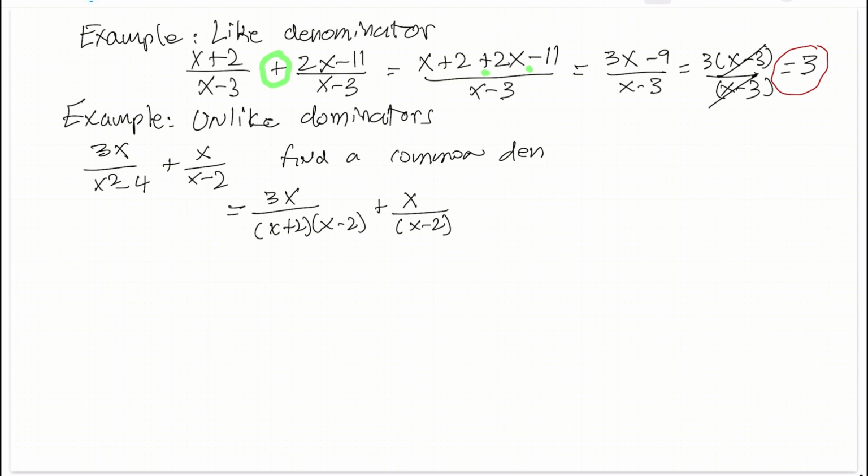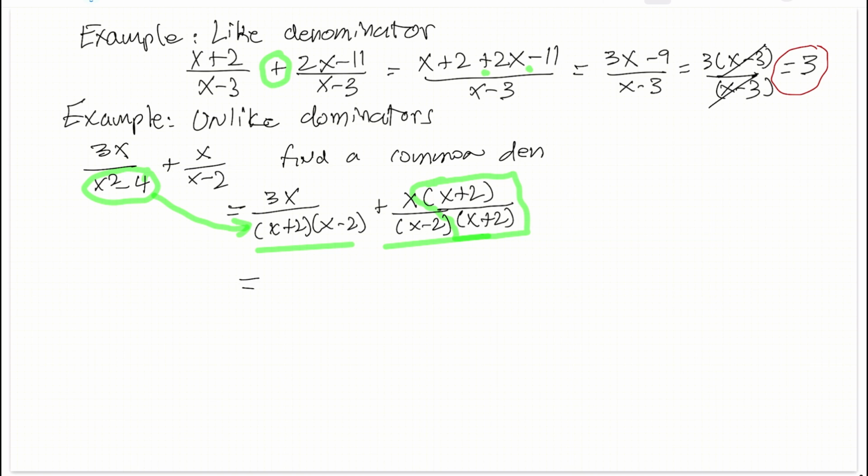Now we realize if we multiply by x plus 2 over x plus 2, we multiplied the second expression by essentially 1 in the form of x plus 2 over x plus 2. So now both have a common denominator. So now we reduce it down to like denominators, and it becomes much simpler to handle.